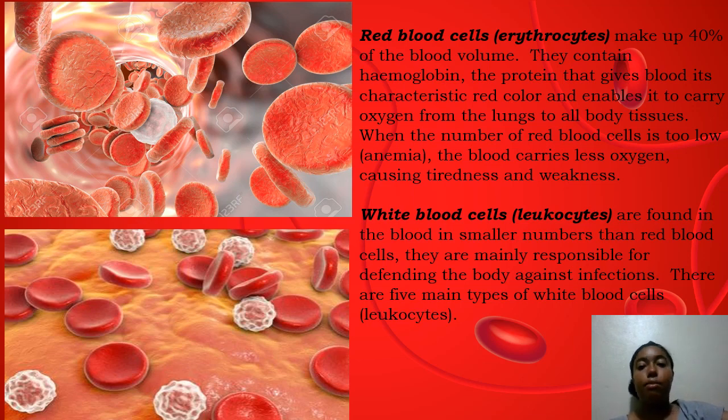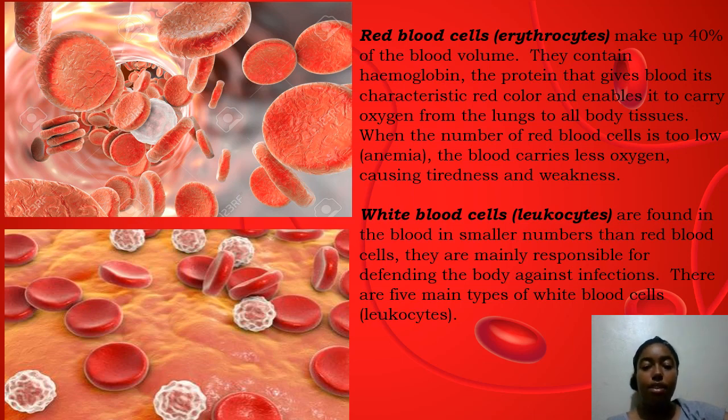When the number of red blood cells is too low, it is anemia. The blood carries less oxygen, causing tiredness and weakness. White blood cells, leukocytes, are found in the blood in smaller numbers than red blood cells. They are mainly responsible for defending the body against infections.